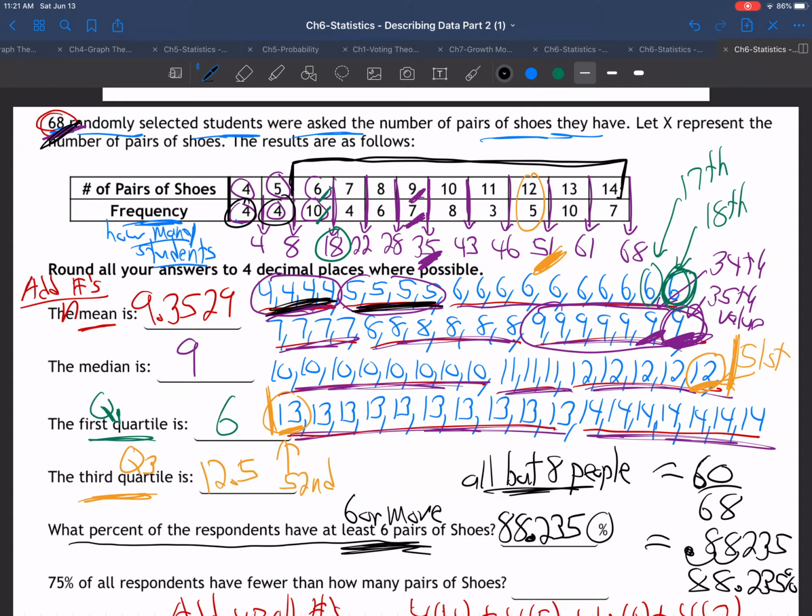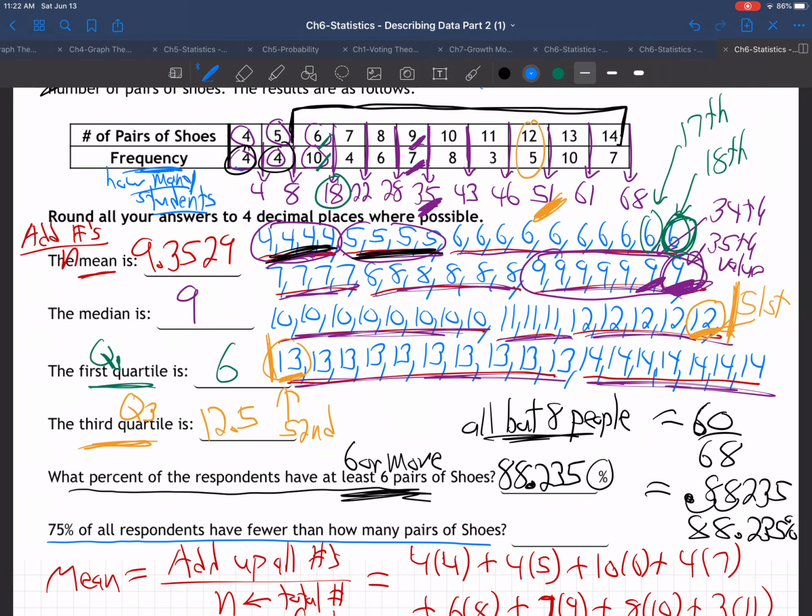Final question is, 75% of all respondents have fewer than how many pair of shoes? Where do we get to 75%? Let me change that to a decimal, 0.75. Of always means times.